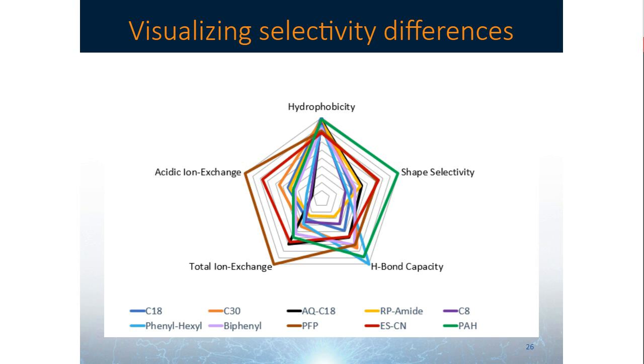How does the isocratic and gradient mobile phase flow help in attaining good peak separation?